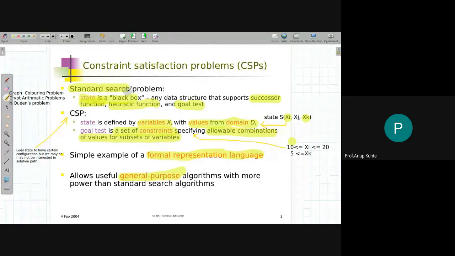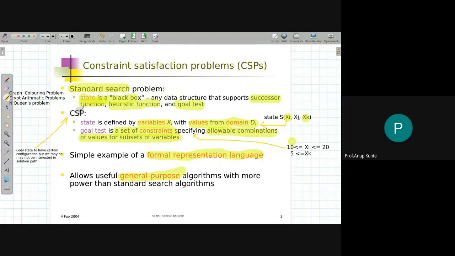So these 3 things are integral methods that operate on the state, but the state itself is like a black box. Every time I look at the state, I only look at certain attributes of that particular black box and manipulate those to change the state from the current state to some other state. That is the meaning of the word black box.